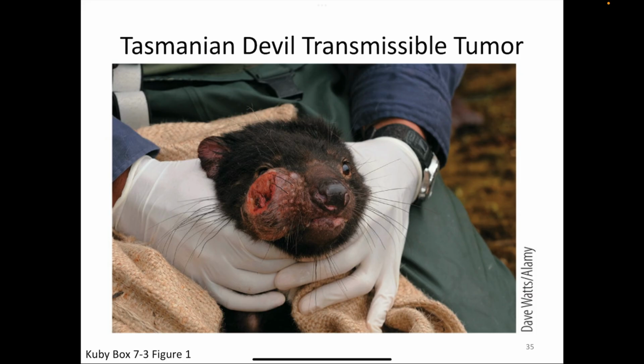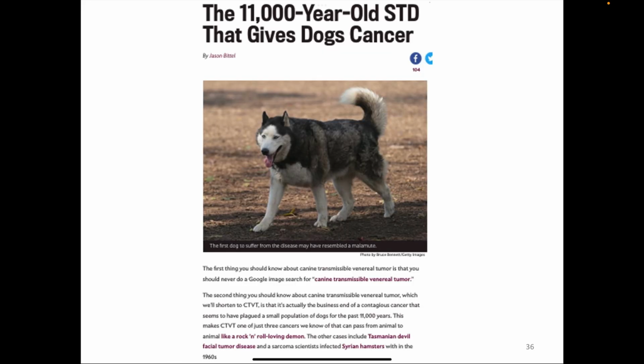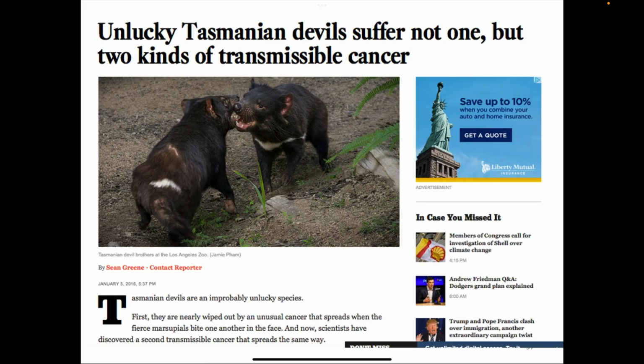And like I said, this is probably going to make Tasmanian devils go extinct. In fact, there has been a more recent genital cancer in some wild dogs that seems to be transmitting in the same way. And now we actually have realized that there are two different strains of Tasmanian devil face tumor that are probably going to make them extinct.